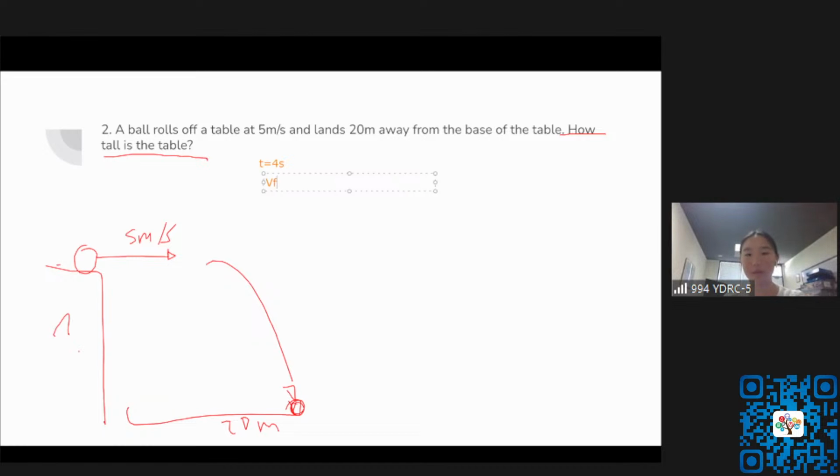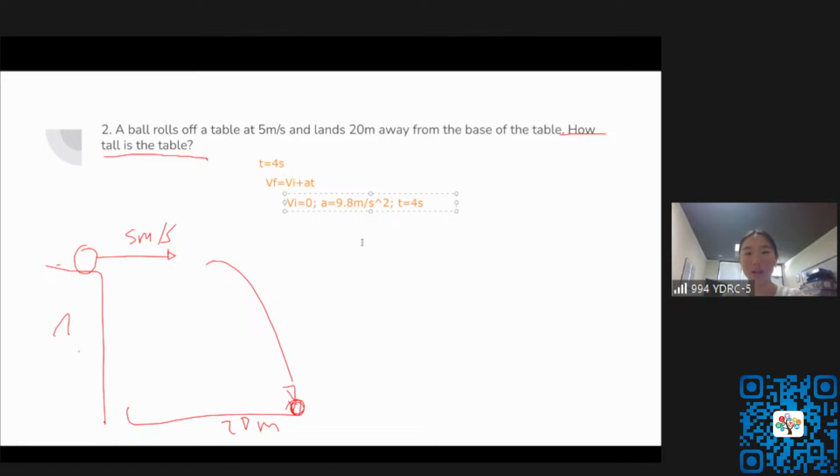This is vertical. Now we're doing everything in seconds, so we don't care about dividing. So we want to use this equation to find v final. We have the initial, which is 0 meters per second here. Vi equals 0, a equals 9.8 meters per second squared, because that's gravity, and t equals 4 seconds.